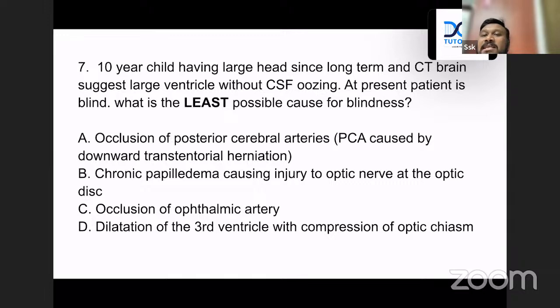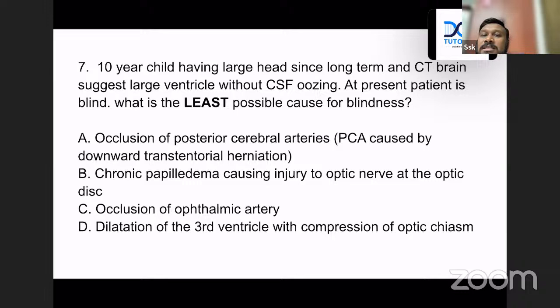And one other reason is quite rare, but it can still happen. The dilated third ventricle can sometimes compress the optic chiasm. As the compression increases, it can result in complete blindness. We usually see field defects in the initial stages, but if left untreated, it can result in blindness. So these are the three possible causes.